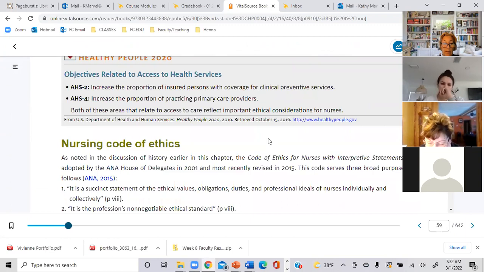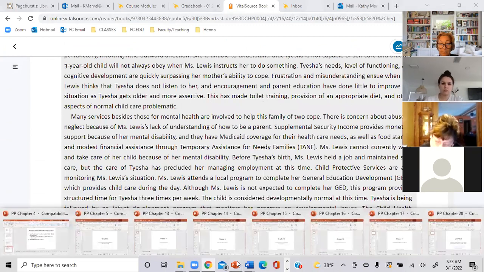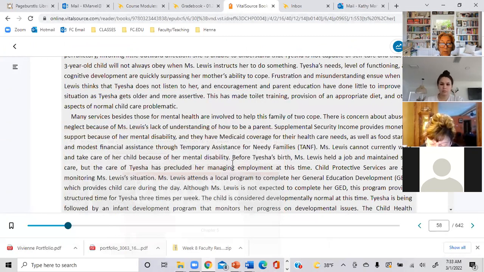I should have highlighted it. Anyway, we need to be familiar with the National Research Act. So more info to come on that, but I need to find that information. Was it in our PowerPoint?